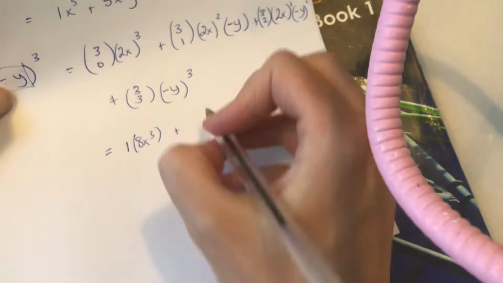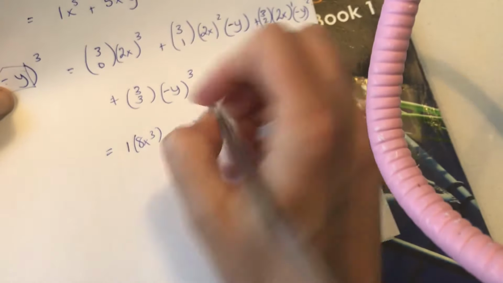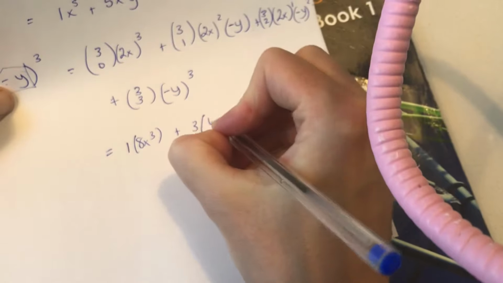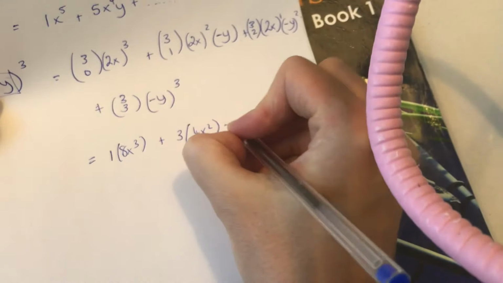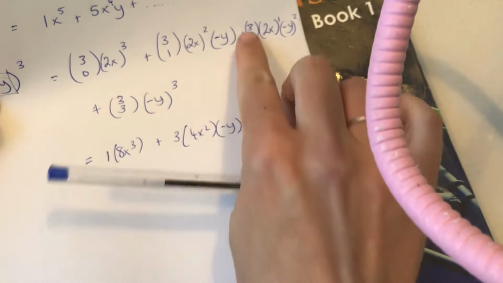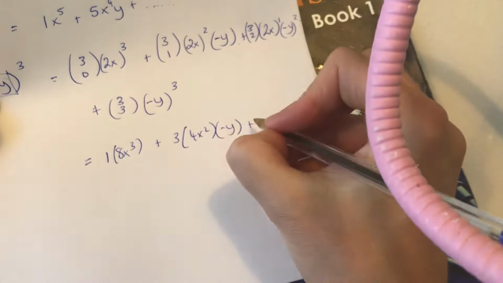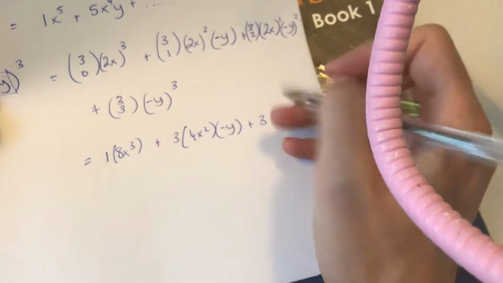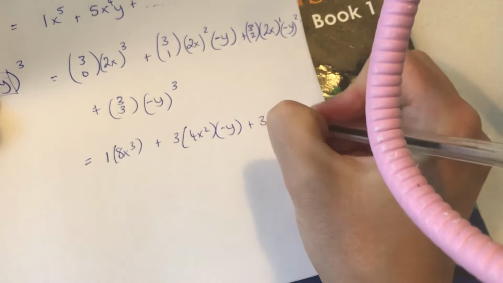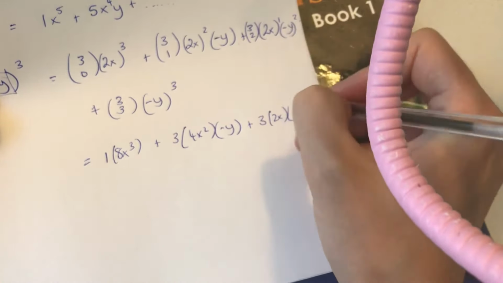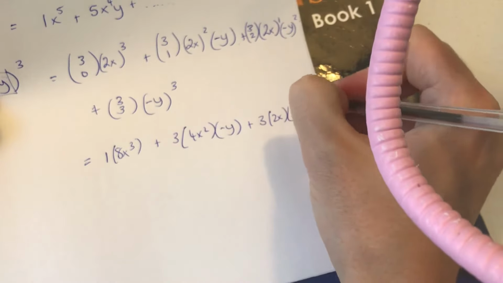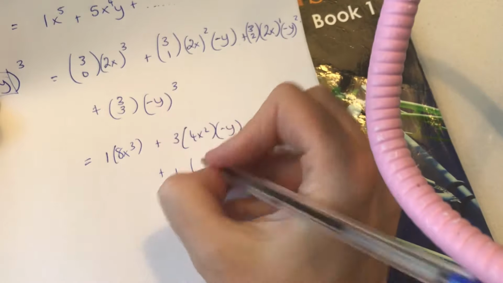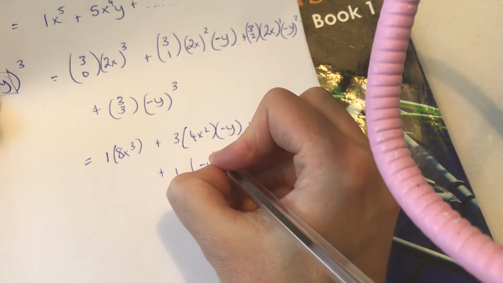Plus 3 choose 1 is 3, 2x squared is 4x squared, by a minus y. Plus 3 choose 2 is 3, 2x to the power 1, and minus y squared is y squared. Plus 3 choose 3 is 1, and minus y cubed is minus y cubed.